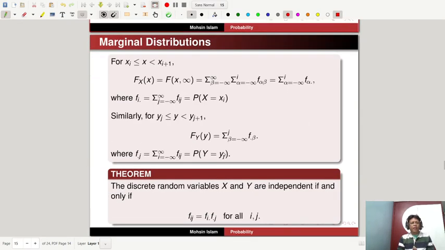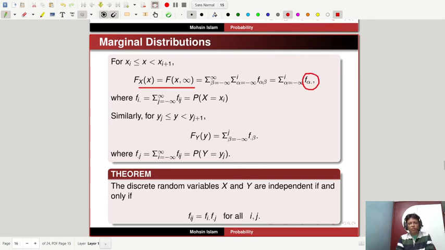Now how will you define the marginal distributions? Marginal distributions can be defined by FX(x), F(x, infinity), as we have already observed, and this is the notation for two-dimensional discrete distributions. Beta runs from minus infinity to infinity, alpha runs from minus infinity to i, and this is f alpha beta, and this is alpha equal to minus infinity to i, f alpha dot.